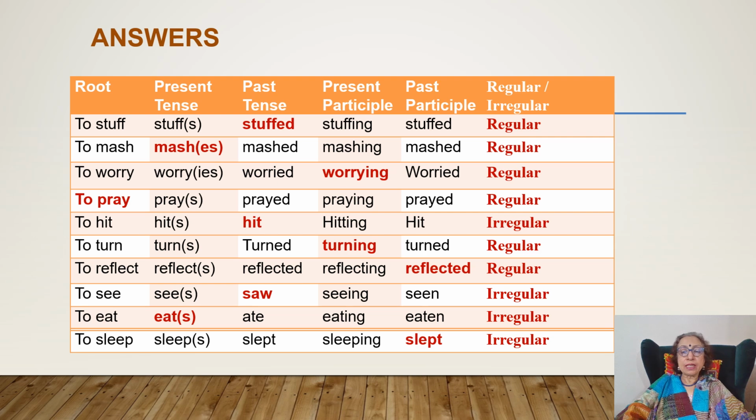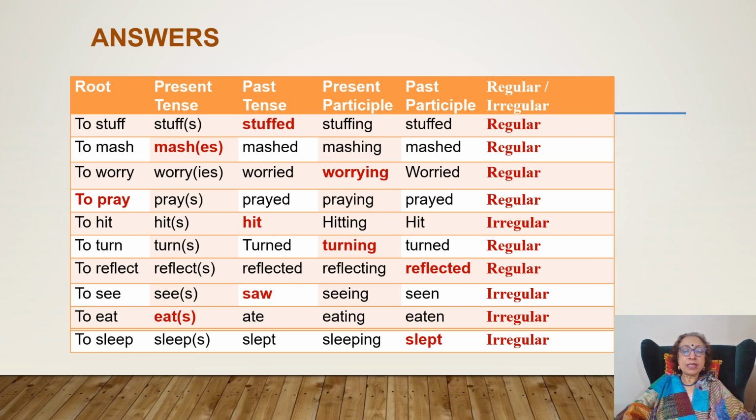It is turning, and it is regular because turned and turned are both ed ending, past tense and past participle. Then you have reflect. To reflect, the past participle is missing. It is reflected. Since past tense and past participle are both ed ending, therefore it is a regular verb.